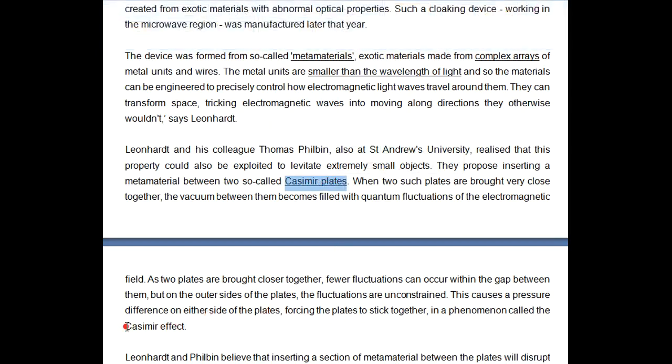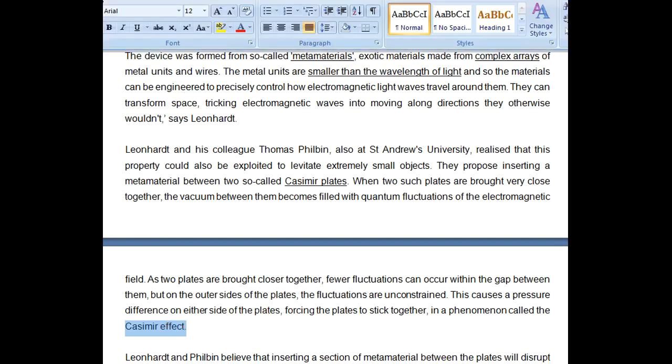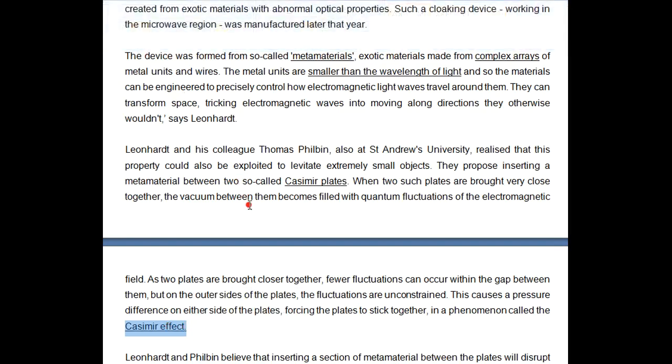Okay, this is Casimir effect. This was in the end of the paragraph. That means we have to read the entire paragraph. Let's see what it's saying. Leonhardt and his colleague Thomas Fabian also realized that this property could also be exploited to levitate extremely small objects. They propose inserting metamaterials between two so-called plates.